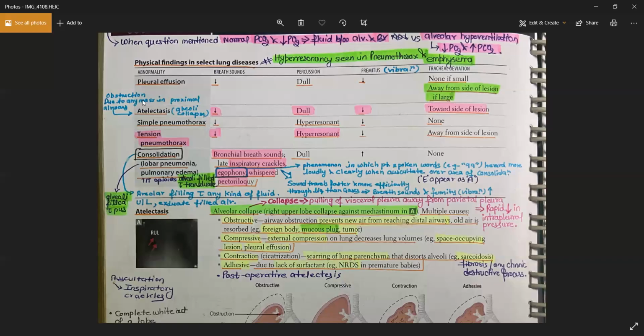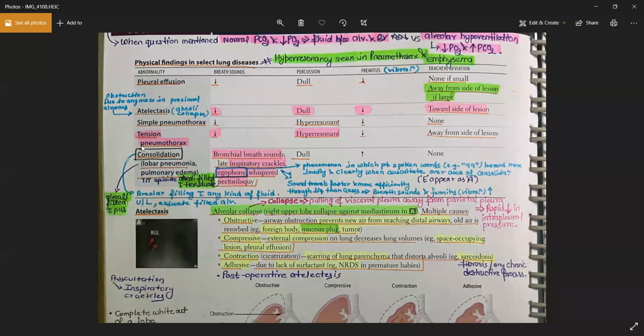So no air means no breath sounds. Again, sounds will be decreased. In case of pneumothorax, because of the presence of air in the pleura, it ultimately compresses the lungs, and when the lungs are compressed, less air can enter. Again, loss of breath sounds.